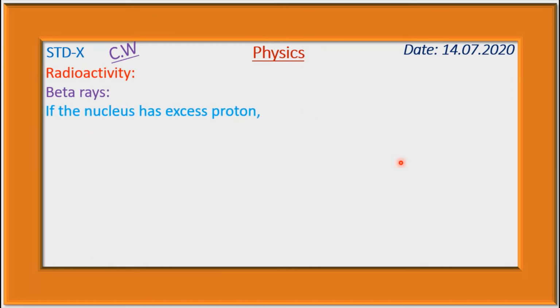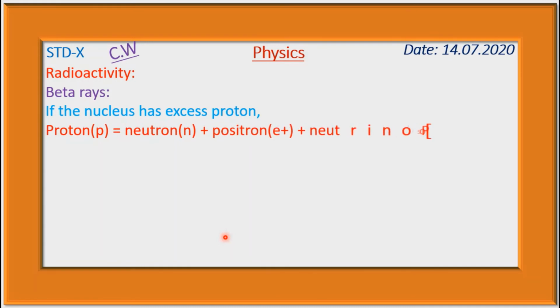We know radioactivity happens due to an unbalanced number of protons and neutrons. If the proton number is in excess or the neutron number is in excess, the nucleus is unstable and it is radioactive. If the nucleus has excess protons, then a proton will be broken down, and proton is equal to neutron plus positron plus neutrino.